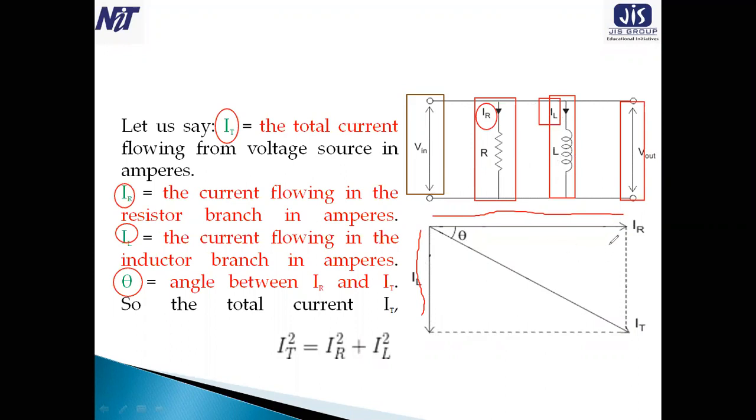We know that for an inductive circuit, the current always lags behind the voltage, and the resistive current and voltage lie in the same phase. So if we consider IR as reference, IL will lag behind the voltage. IR is the current along the x-axis, and IL will be the current along the negative y-axis.